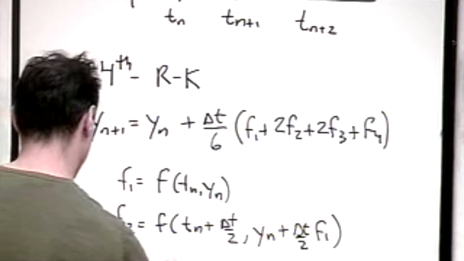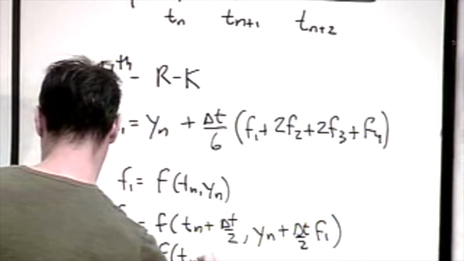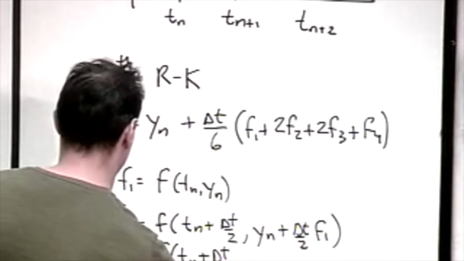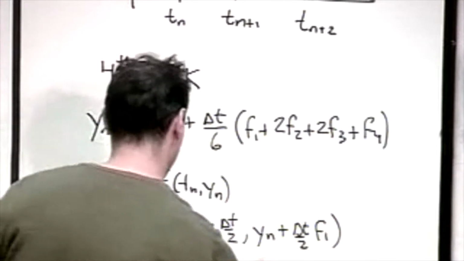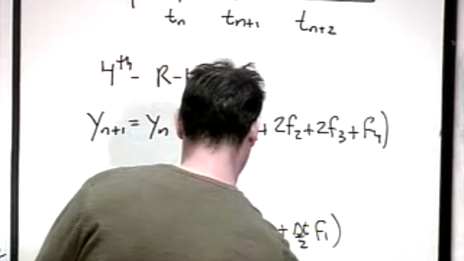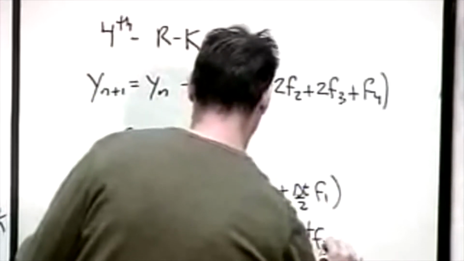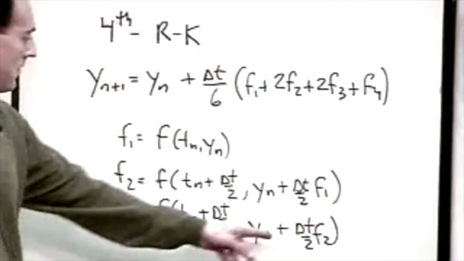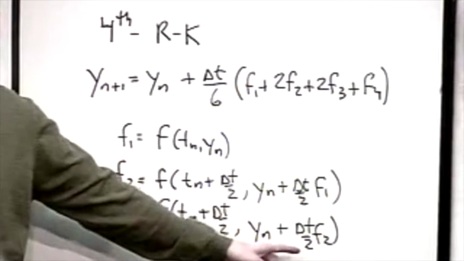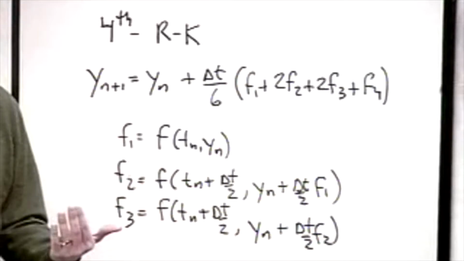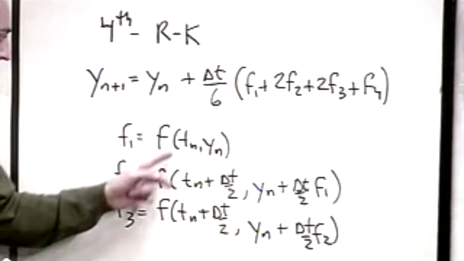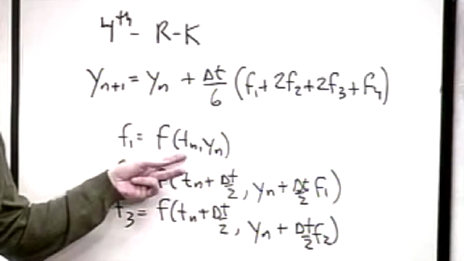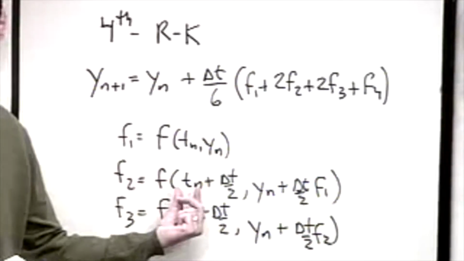F3 also evaluates halfway over. But now, same kind of idea, you're using an improved prediction because in theory, F1 gives you one correction, and then you're using that correction to get an even better correction.